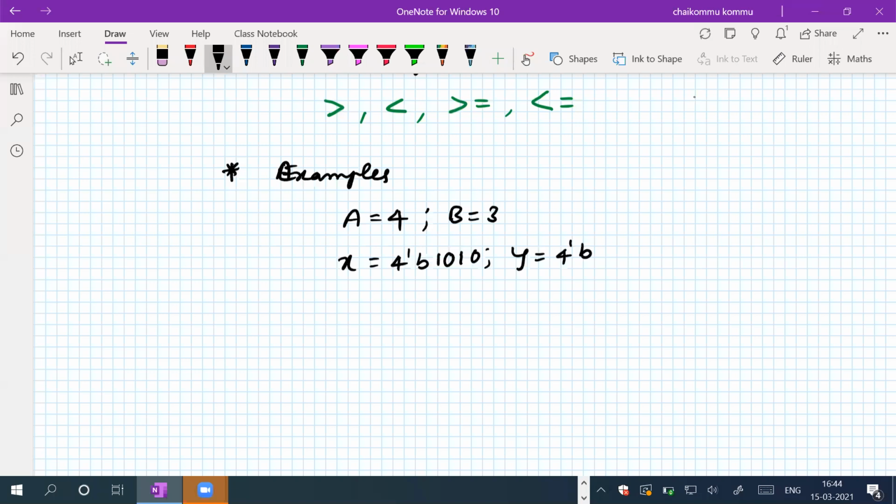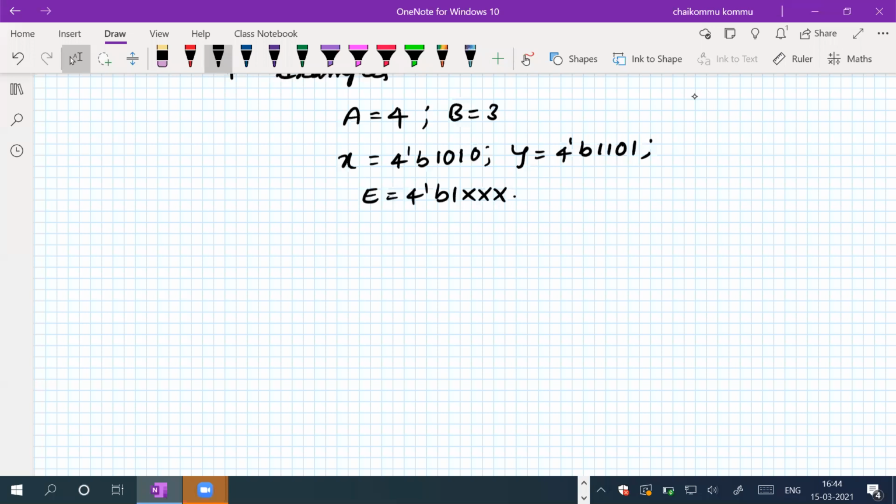Now I want to perform some operations. If y is equal to a is less than or equal to b, what value will be assigned to y? If y is equal to a is greater than b, what value will be assigned?